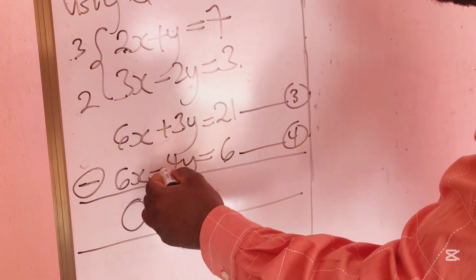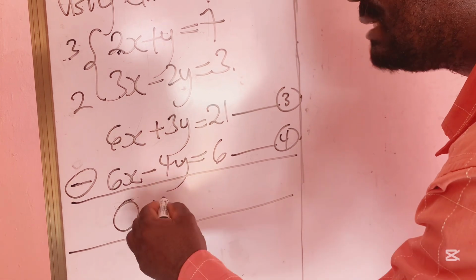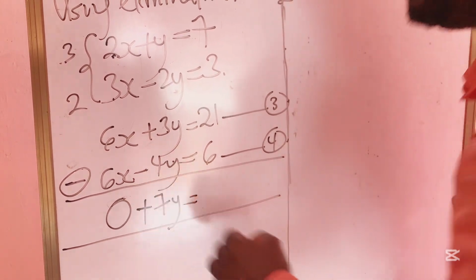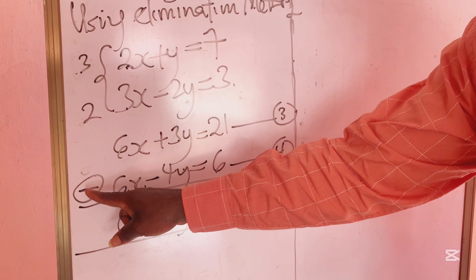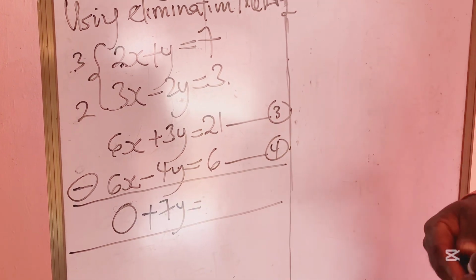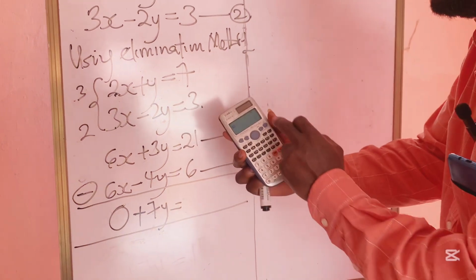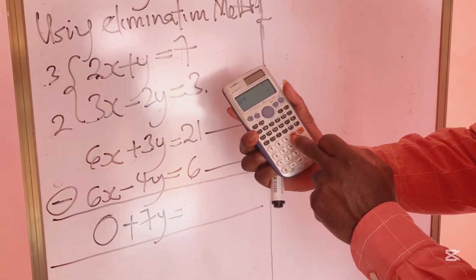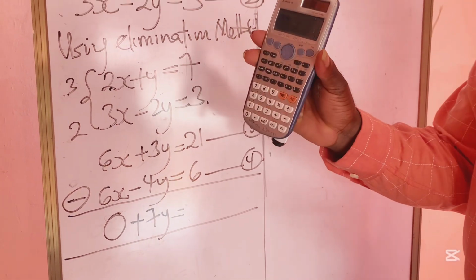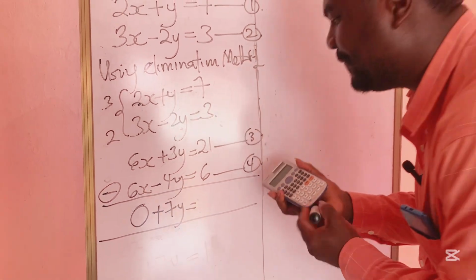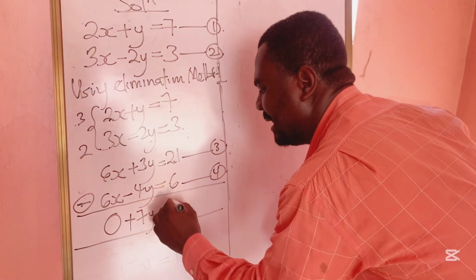3 minus negative 4, we get positive 7y. And 21 minus 6, which is what? You can verify with your calculator. 21 minus 6, we get 15.